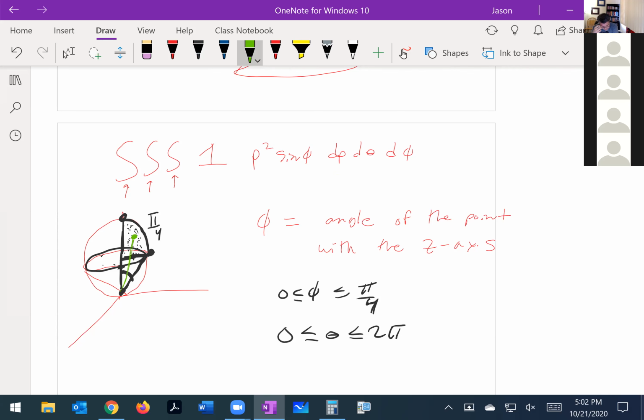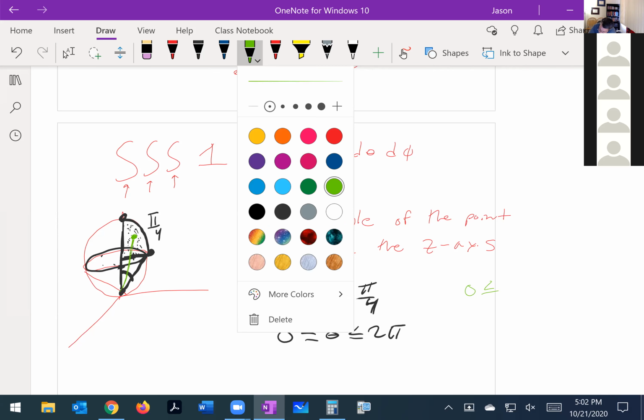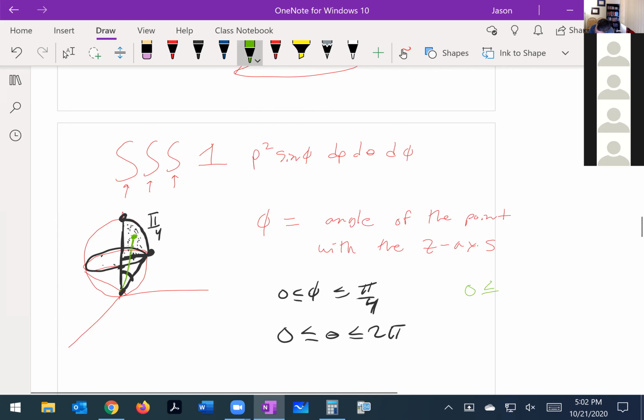Let's look at the equation here. Rho's kind of a beast. Rho is going to go from 0 to something.